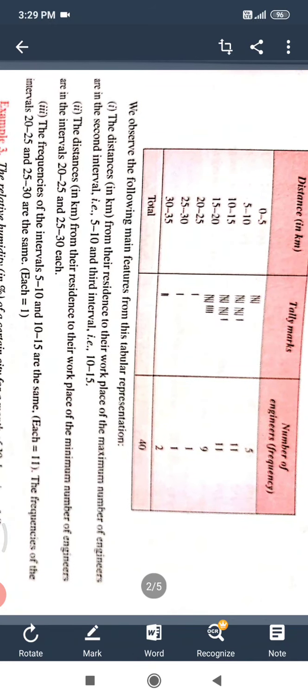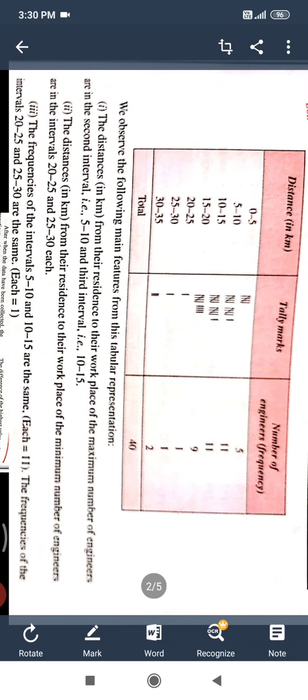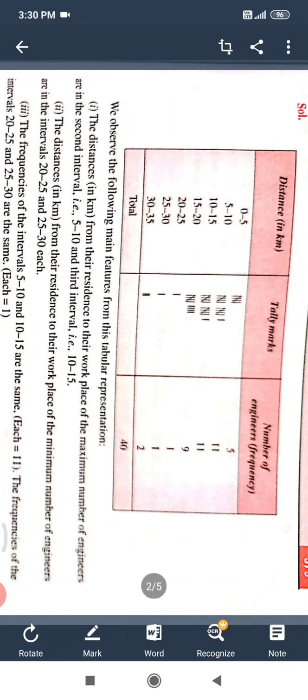Calculate 0 to 5, the numbers between 0 and 5 but not including 5. Calculate from the given numbers. There will be 5 numbers. So number of engineers, frequency, will be 5, and for tally marks you can draw 4 standing lines and 1 slanting line, that is 5.